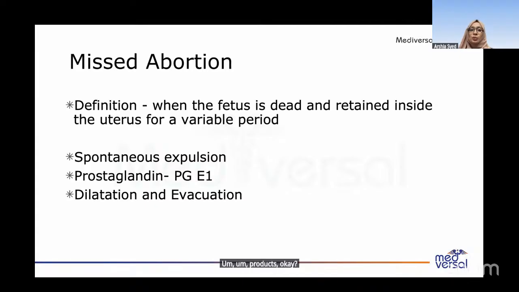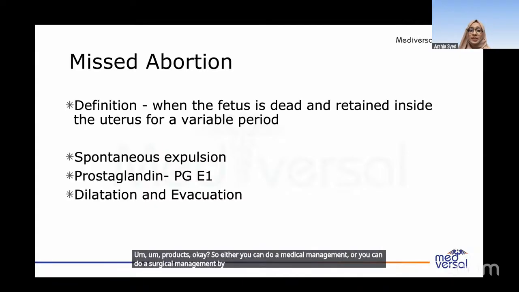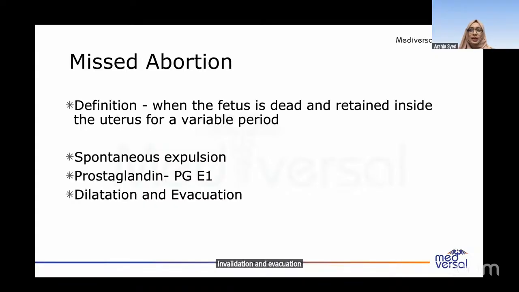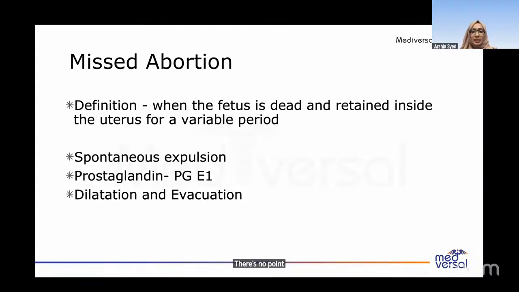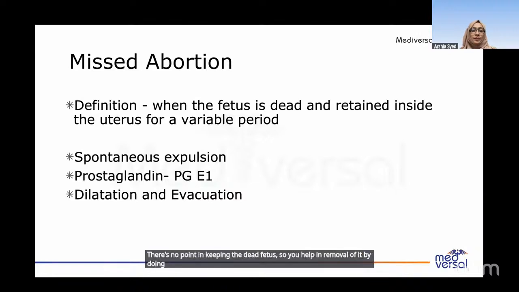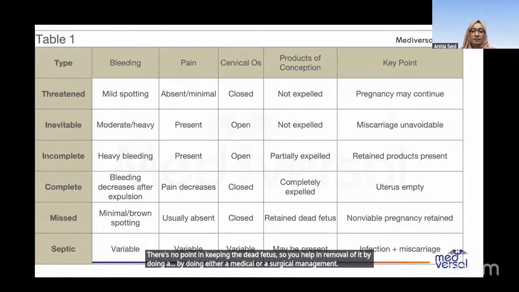Either you can do medical management or surgical management by dilatation and evacuation: you dilate the cervix and remove whatever products of conception are there. Because the fetus is dead, there's no point in keeping it, so you help in removal by doing either medical or surgical management.